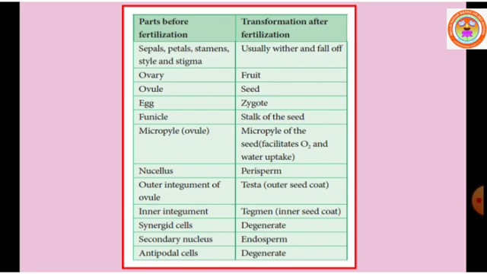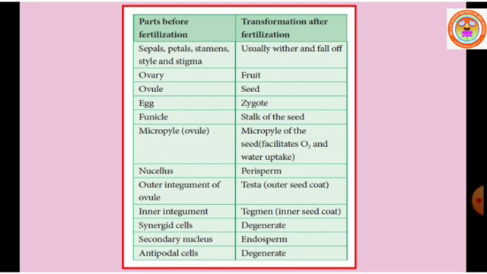The funicle of the ovule becomes the stalk of the seed, because the ovule becomes seed. The micropyle present in the ovule is also seen in the seed when it is formed. It helps to allow water to go inside and the exchange of gases, especially oxygen.